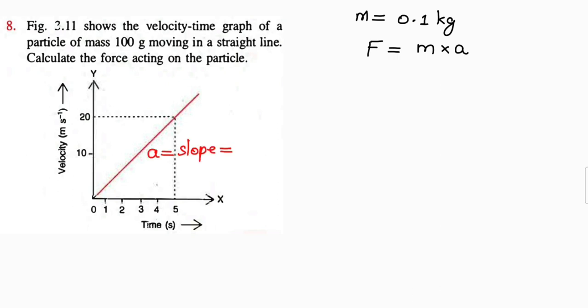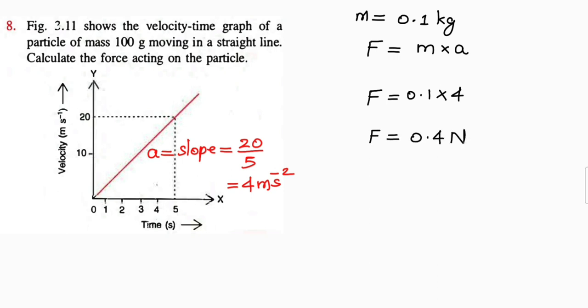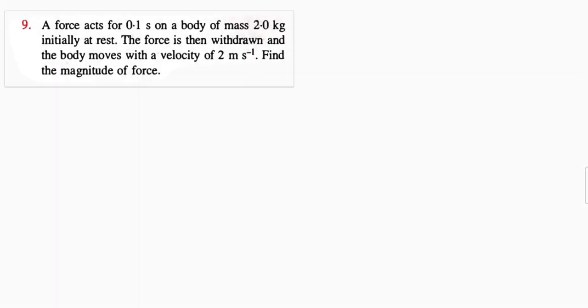So acceleration is slope. You can use the formula y2 minus y1 upon x2 minus x1, or you can also use height upon base. So therefore acceleration is 4 meters per second square. Substituting the values, therefore the force is 0.4 newtons.